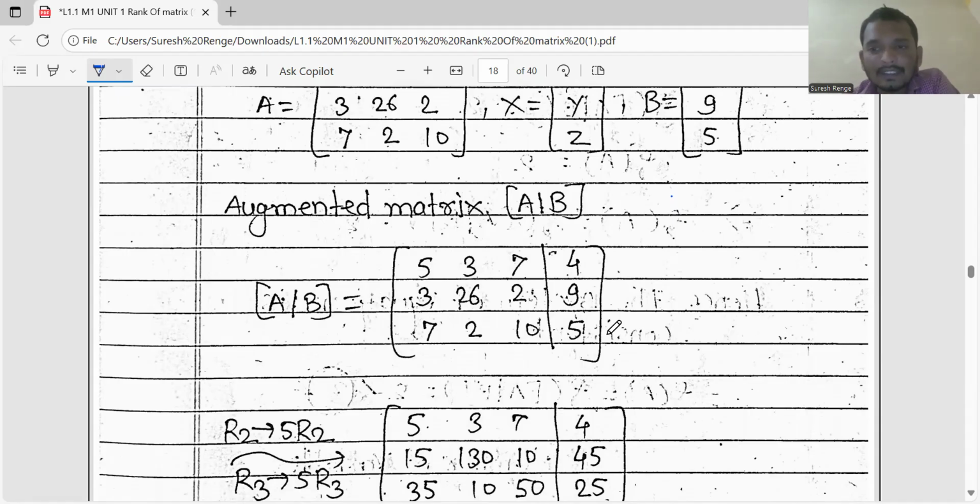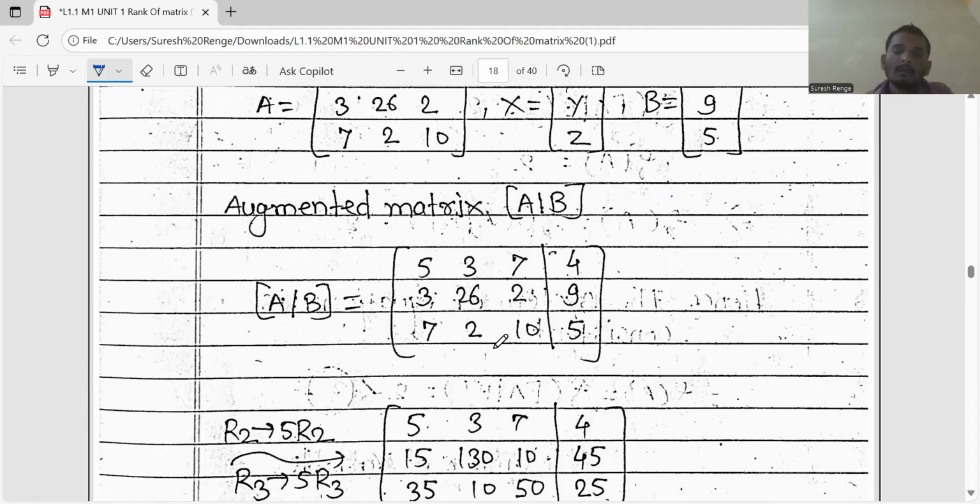To check the consistency and inconsistency, we find the rank of A and the rank of the augmented matrix [A|B]. If the rank of A is equal to the rank of [A|B], then the system of linear equations is consistent. If the rank of A is not equal to the rank of [A|B], then it is inconsistent.